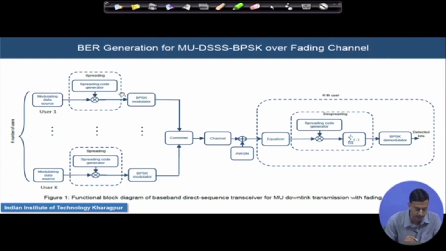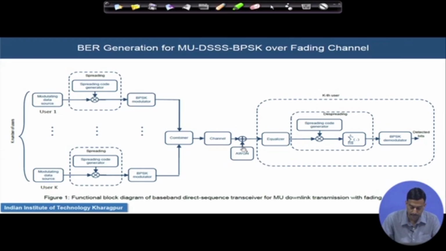So there are k number of users, and the data corresponding to each user is spread using a DSSS spreading code, which is further modulated and combined and passed through the channel. The combiner in our case for the spread signals of these k users is going to be a simple summer, as we shall see, and the channel which we are going to use is going to be the Rayleigh fading frequency selective channel.